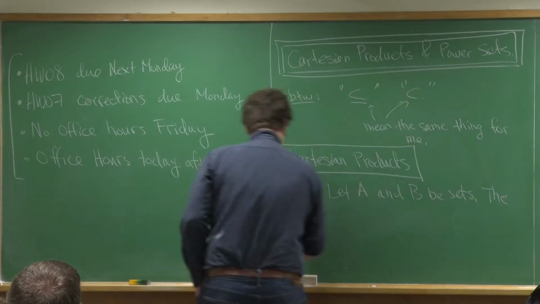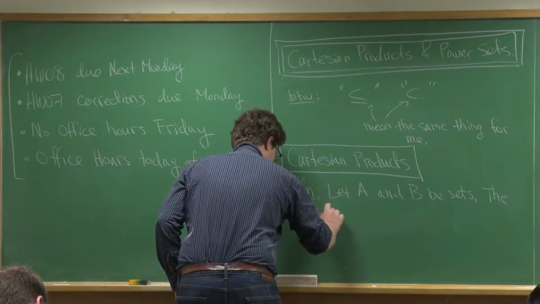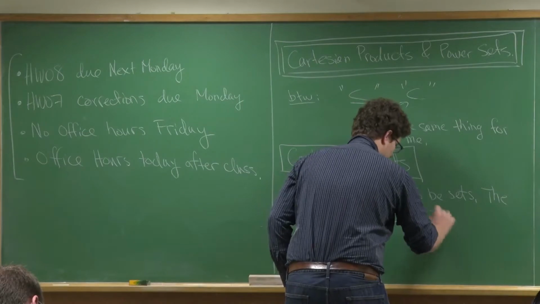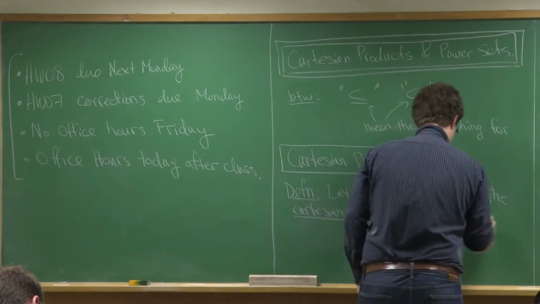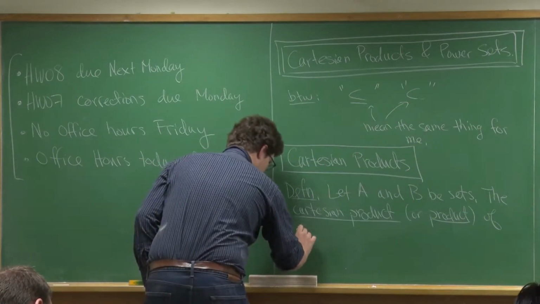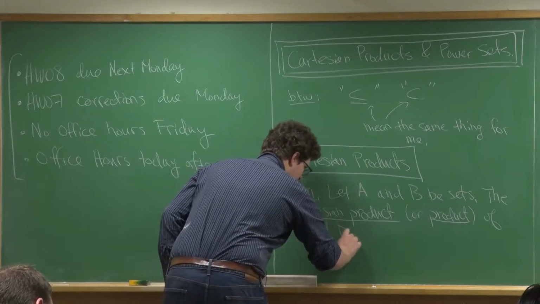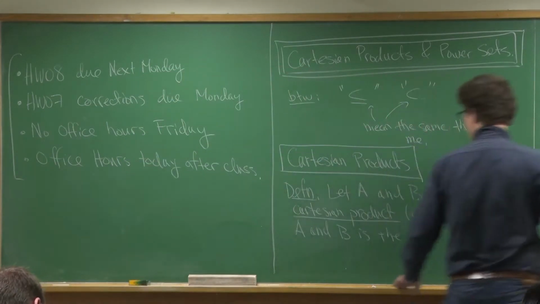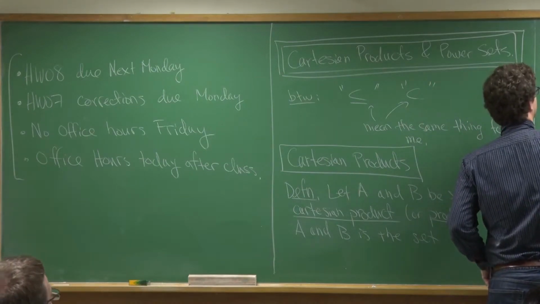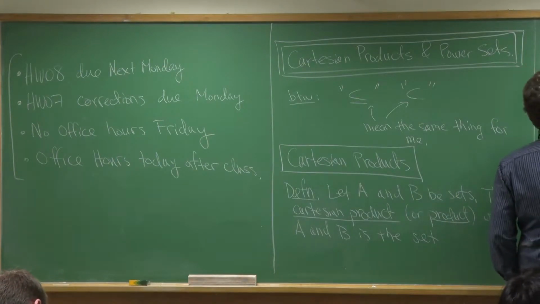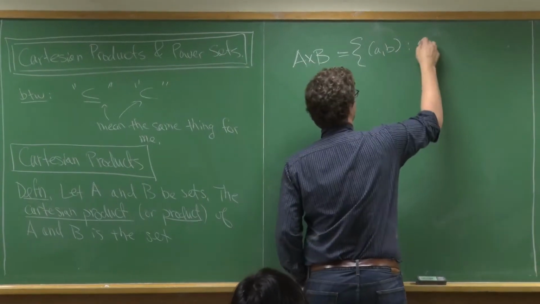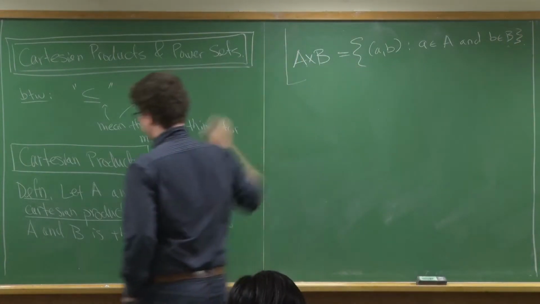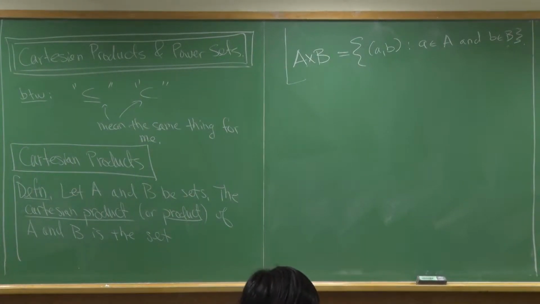So the Cartesian product, or just product, of A and B is the set A cross B. Sometimes we call this A cross B, but it's the product of A and B, and it's the set of ordered pairs (a, b), where a is an element of A and b is an element of B. So this is the definition of the Cartesian product. It's a new set that we form from these two sets by looking at pairs.